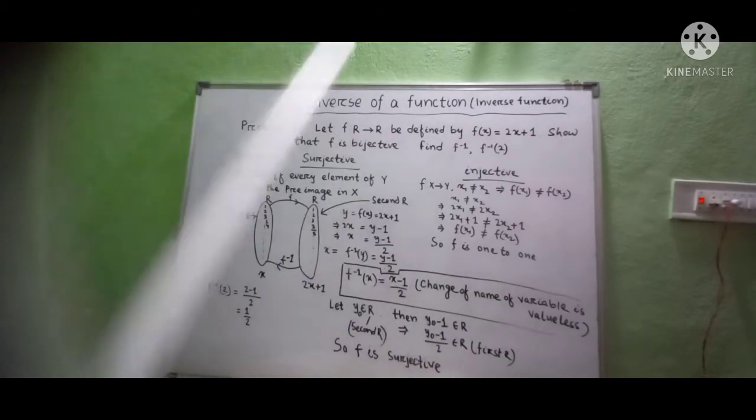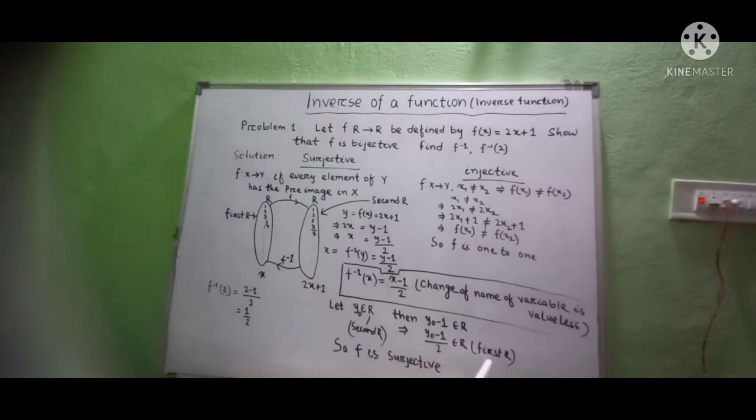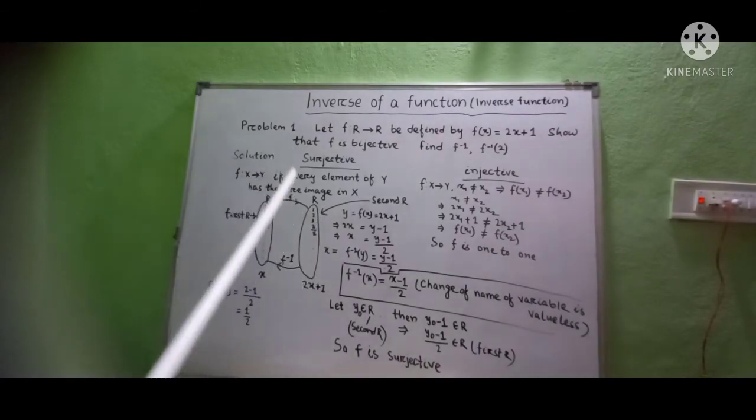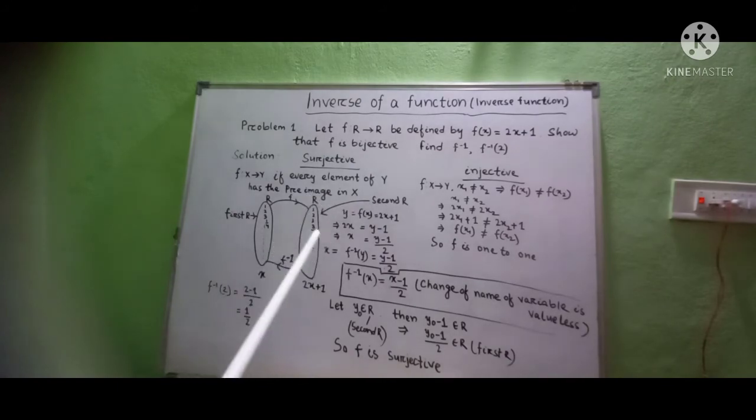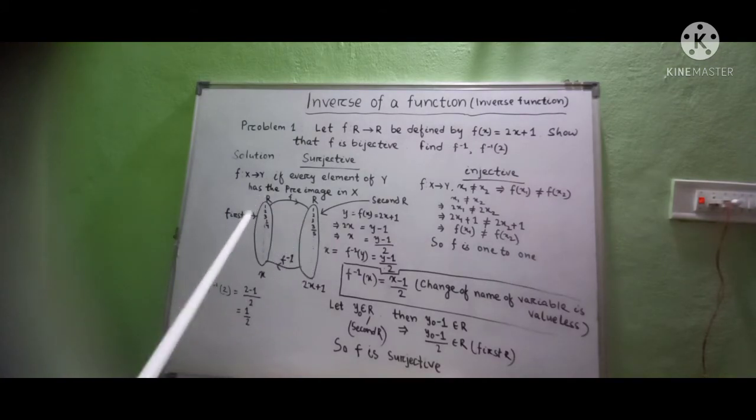Here this is the first R. y0 - 1 by 2 belongs to R. I have taken y0 in this set, and I have to show that there is a pre-image of y0 in this set.